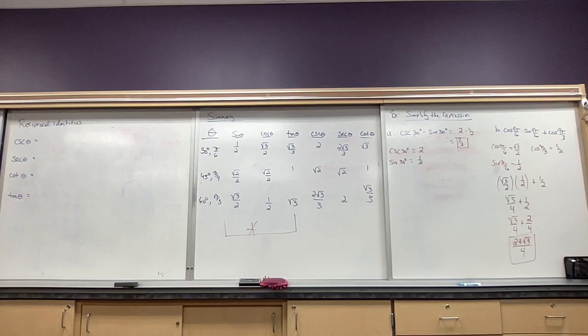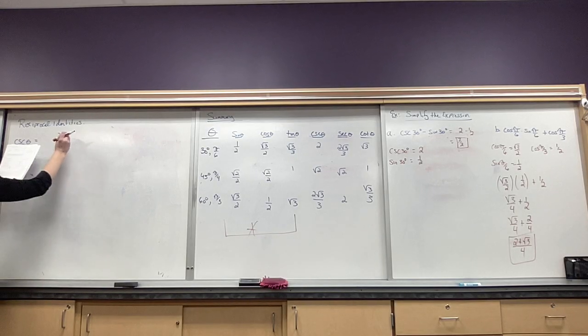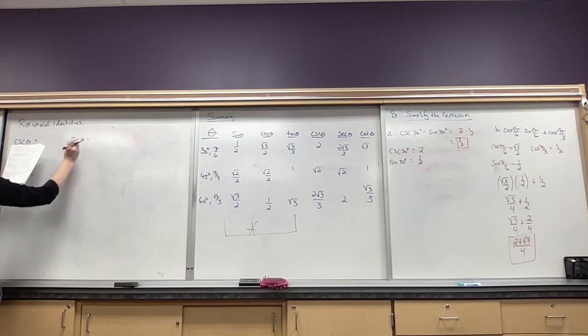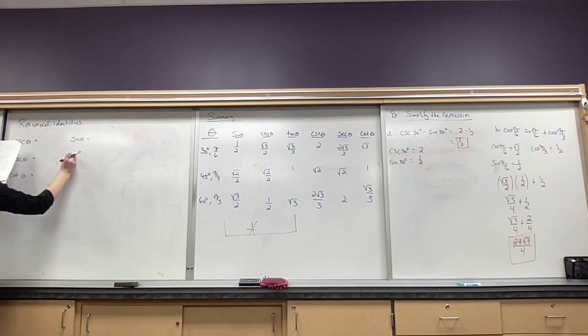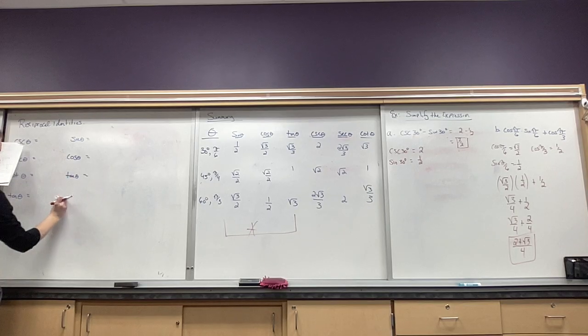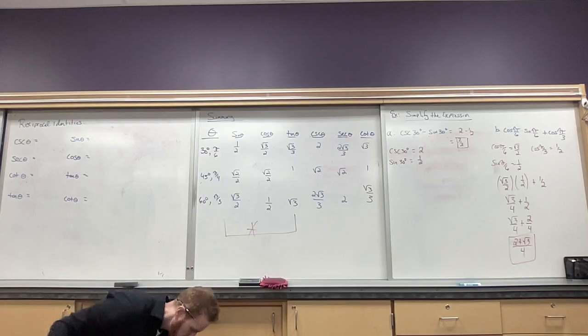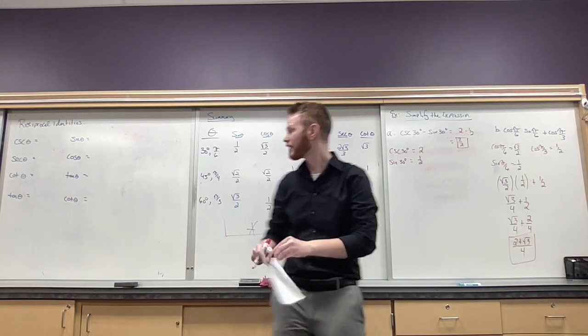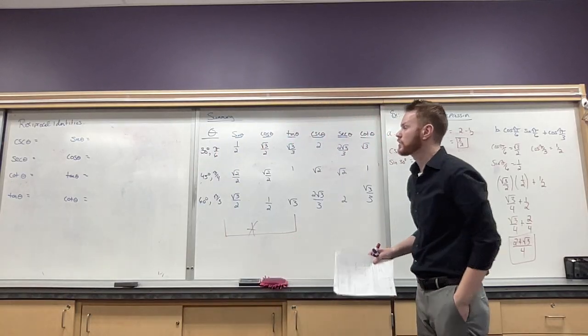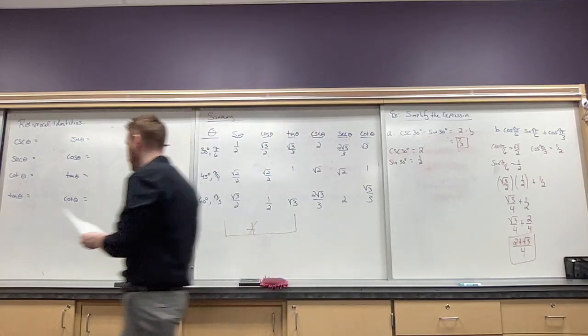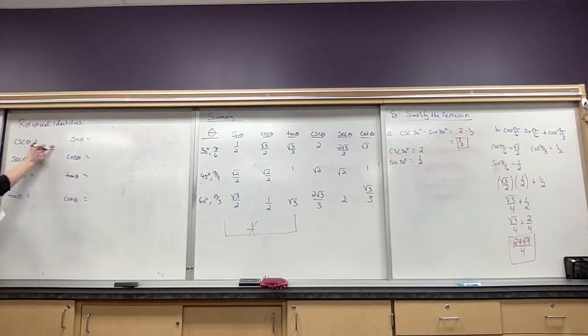And we'll put this over here. Let me just finish it. Get my marker cap. So if I know that these 2 are reciprocals of each other, cosecant of theta is the same thing as 1 over sine of theta.